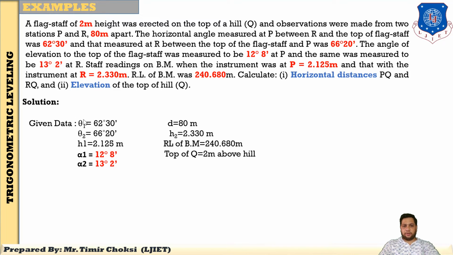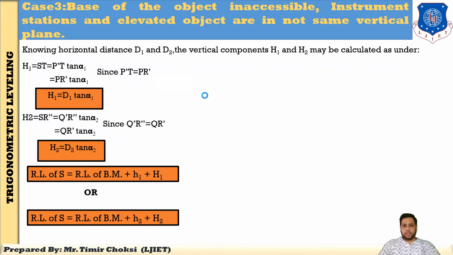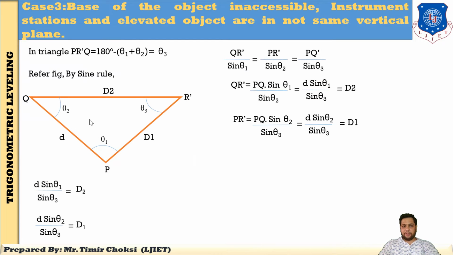So first step, given the data, the flagstaff is 2 meter height. I will explain this particular line later, but first you write the data which is given. Small d equal to 80 meter, because the distance between the two stations P and R is 80 meter. The horizontal angles are given with notation theta 1 and theta 2.